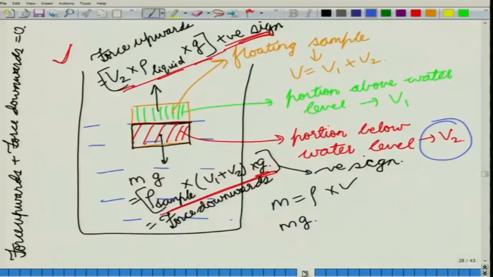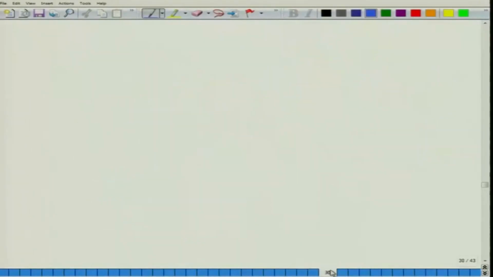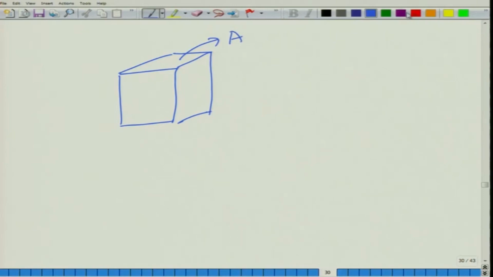Now, in most cases we use a sample of uniform cross sectional area. So, suppose this is our sample, and let us consider it to be a cuboidal sample with top area equal to A. When we have divided it into two parts, the lower portion has a volume of V2 and the upper portion has a volume of V1.